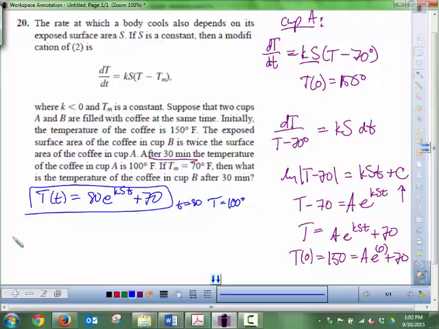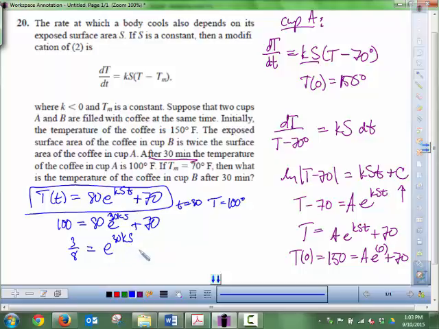We'll use that information to solve for k, and that will give us 100 is equal to 80 e to the Ks times 30, plus 70. So we'll bring the 70 over. You get 30, and then 3/8 is equal to e to the 30 Ks.